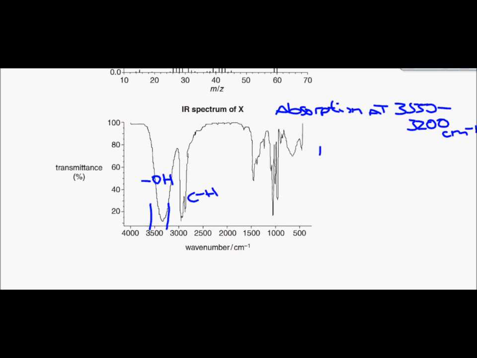indicating an OH, and importantly of an alcohol, which means, and state that means, therefore compound X or molecule X must be an alcohol.